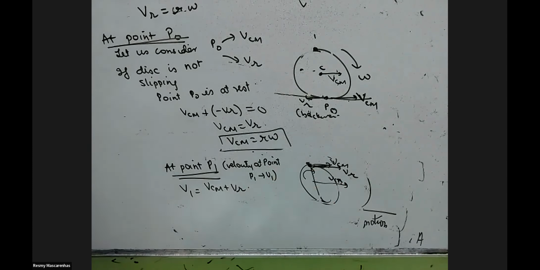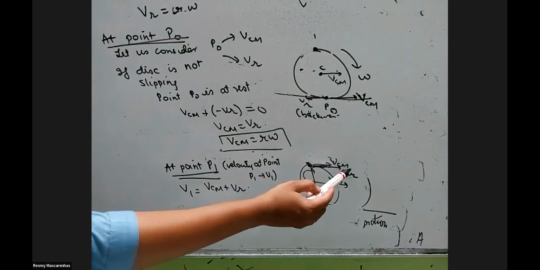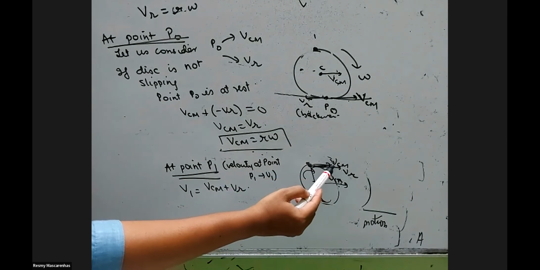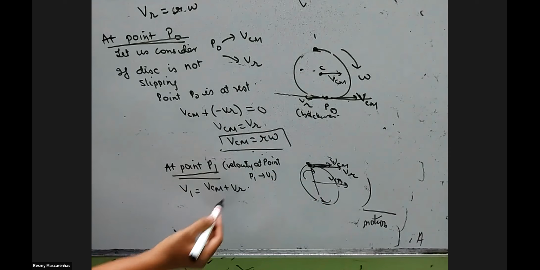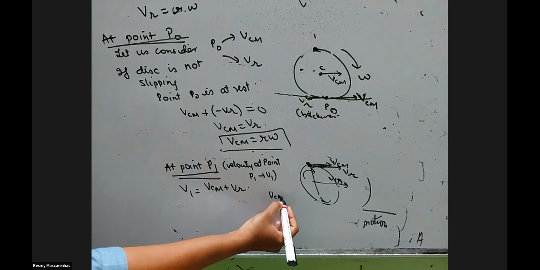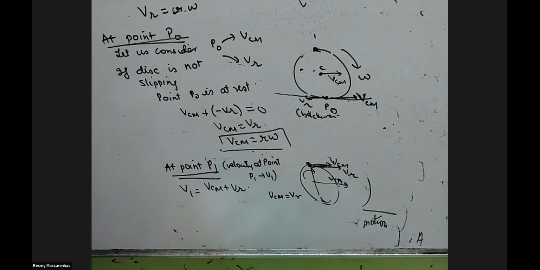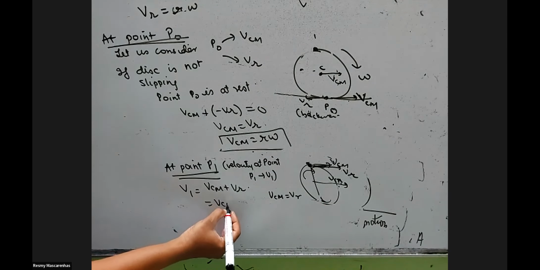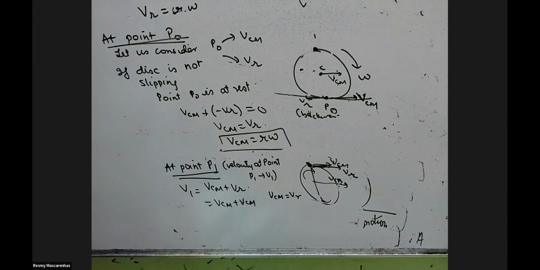They are both parallel. This also will be the same as this. So when you add them, it's like having VCM plus VCM only. 2 times R omega. So at V1, this will be your velocity.